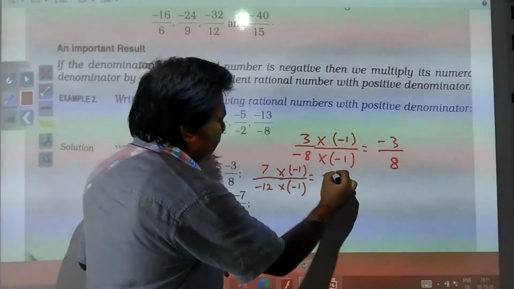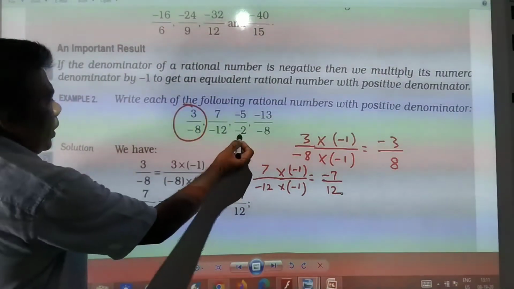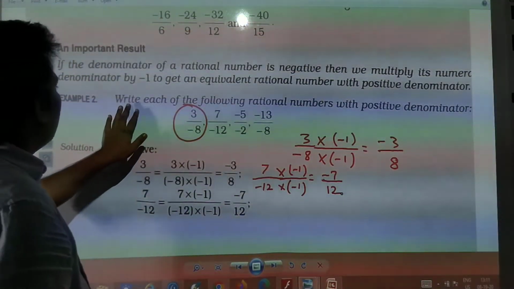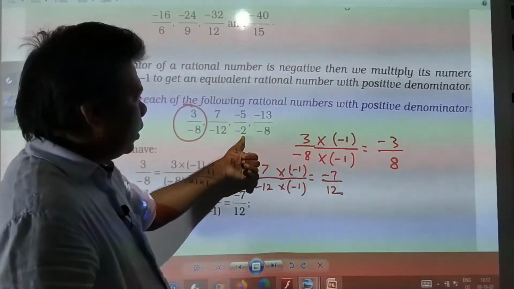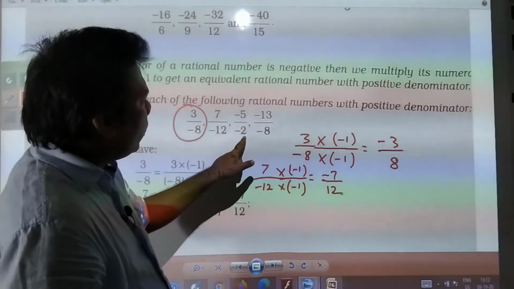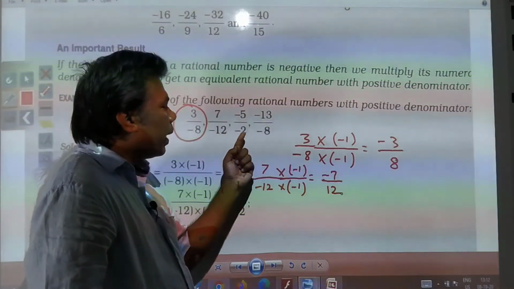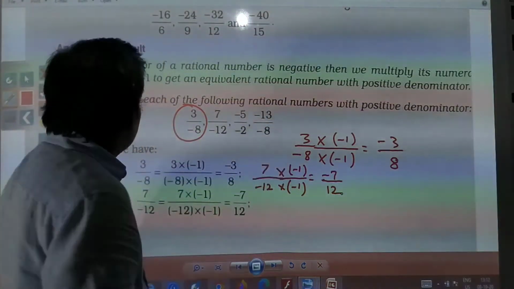So you will get minus 7 by 12. In the same way this has been done. Here the question was, write each of the following rational numbers with positive denominator. If you need a positive denominator, the numerator and denominator are required to be multiplied by minus 1.